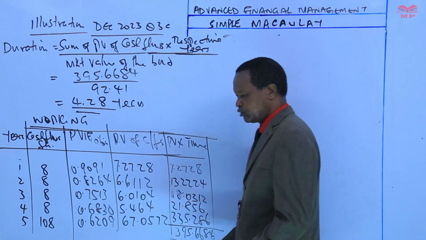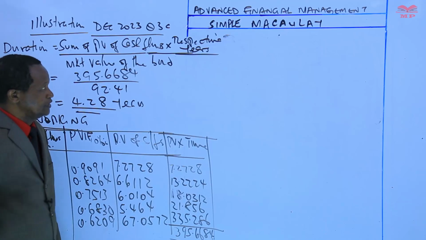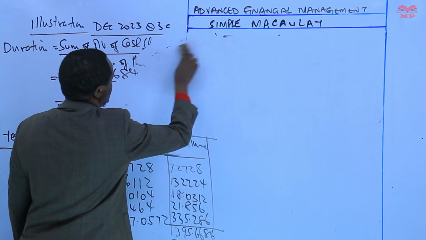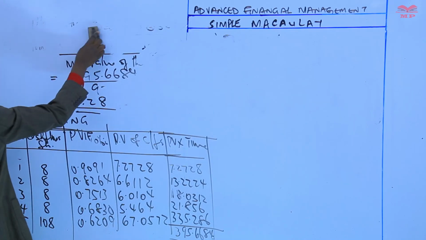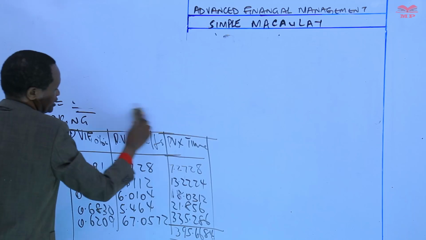Now, candidates, allow me to proceed to the modified duration. In this lesson, the second objective was to learn how to compute both the simple Macaulay duration and the modified duration.